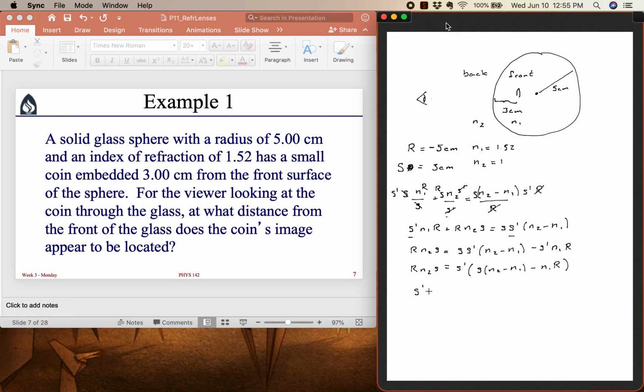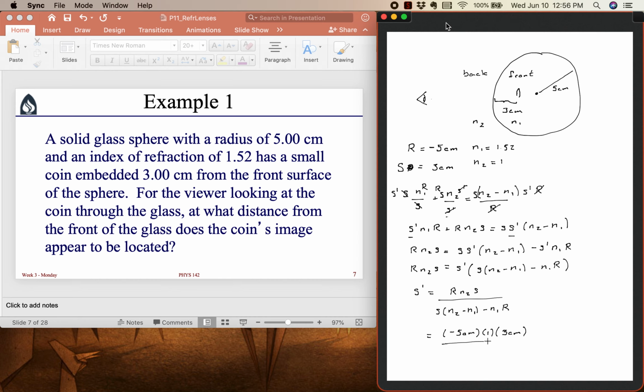So S prime is going to be R N2S divided by S times N2 minus N1 minus N1R. So then I'm ready to plug in some numbers into this expression because I have all of these quantities. So R is minus 5 centimeters, N2 is 1, and S is 3 centimeters.